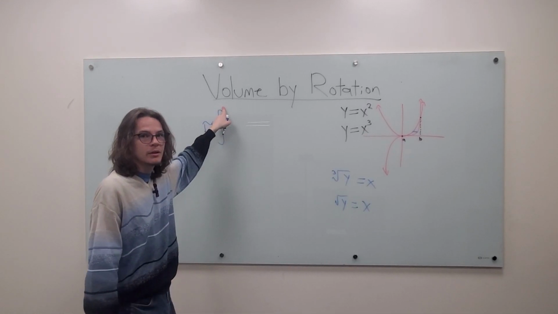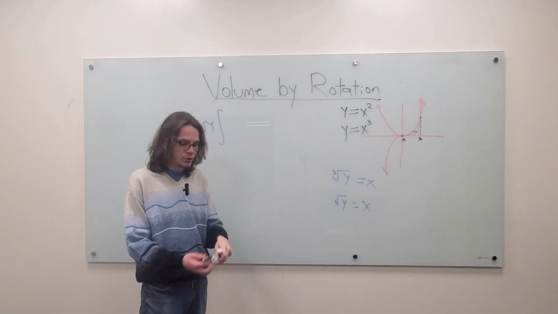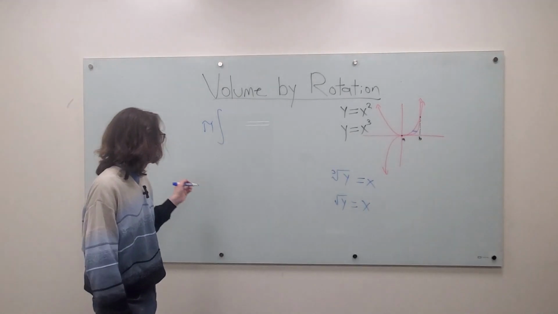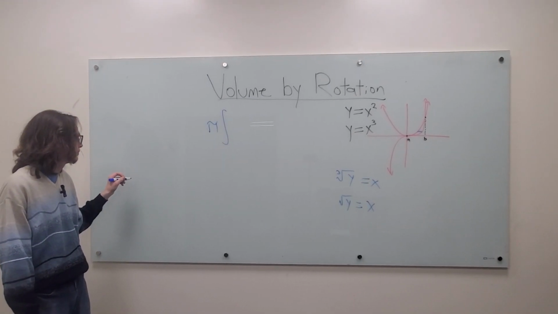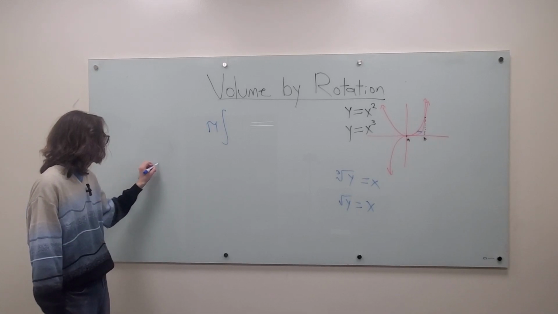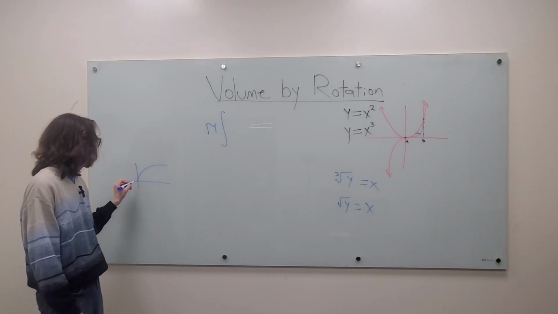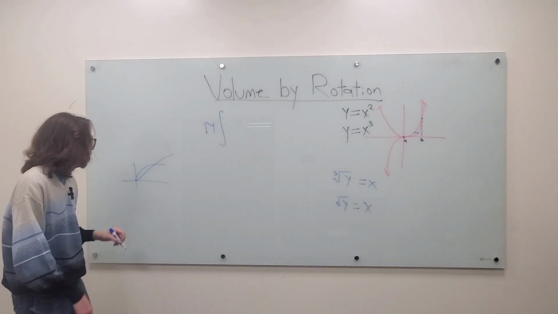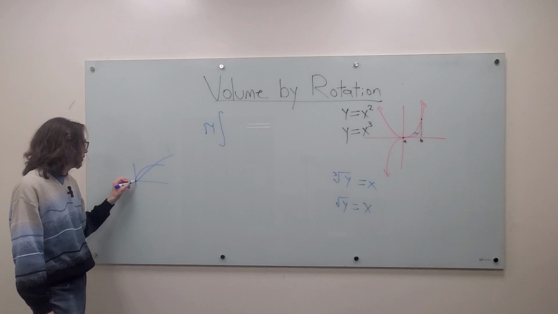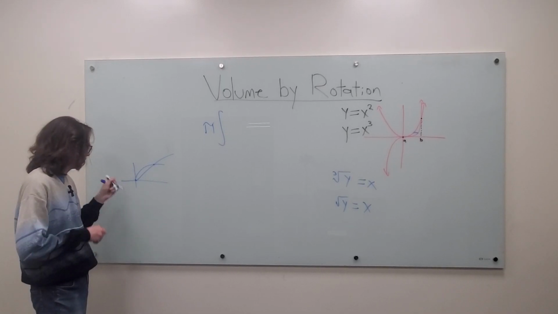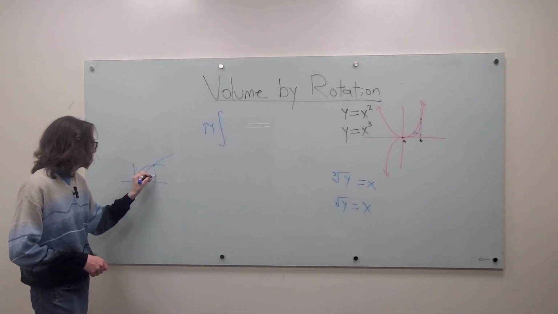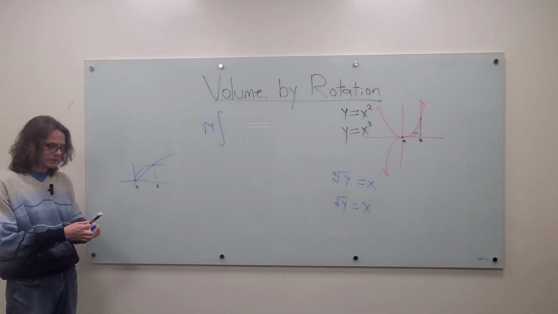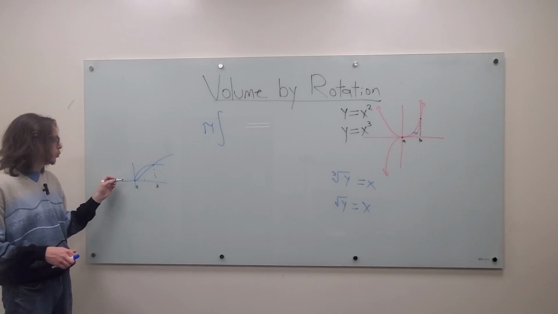Now, a to b, for most functions that you use, a and b are going to be different values. For example, if you were doing square root x and 1/2 x, or something like that, which we're going to do later in this video, then the x values here, your a over here and your b here, are going to be different than if you were revolving about the y-axis.